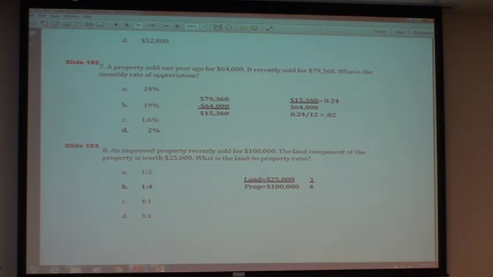That's the wrong question. Number 9. An improved property sold for $120,000. The land to improvement ratio is 1 to 3. What is the land value and improvement value? How many total parts do you have? You gotta add them together, don't you? So you got 4 total parts.